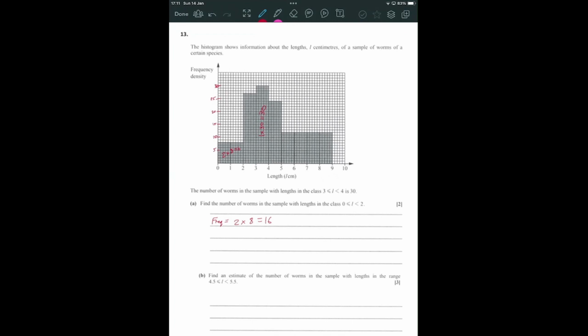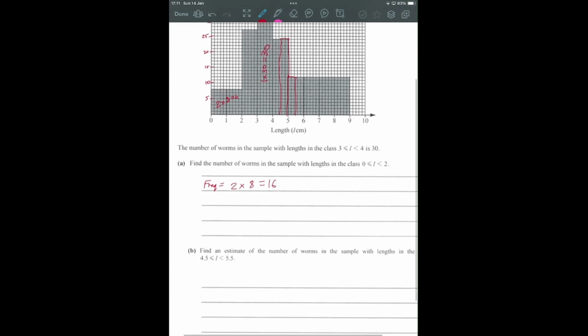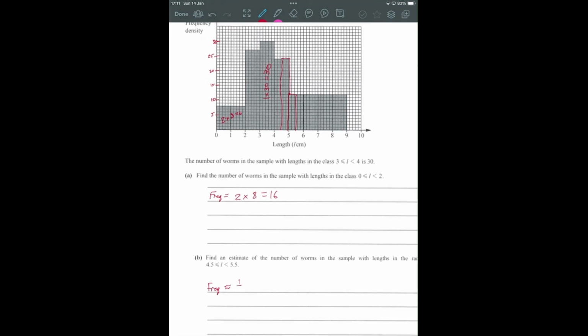Find an estimate for a number of worms from 4.5 to 5.5. So we're now looking at 4.5 to 5.5. So we're looking for the area of this compound rectangle. So the number of worms, the frequency is going to be roughly, the base there is a half.